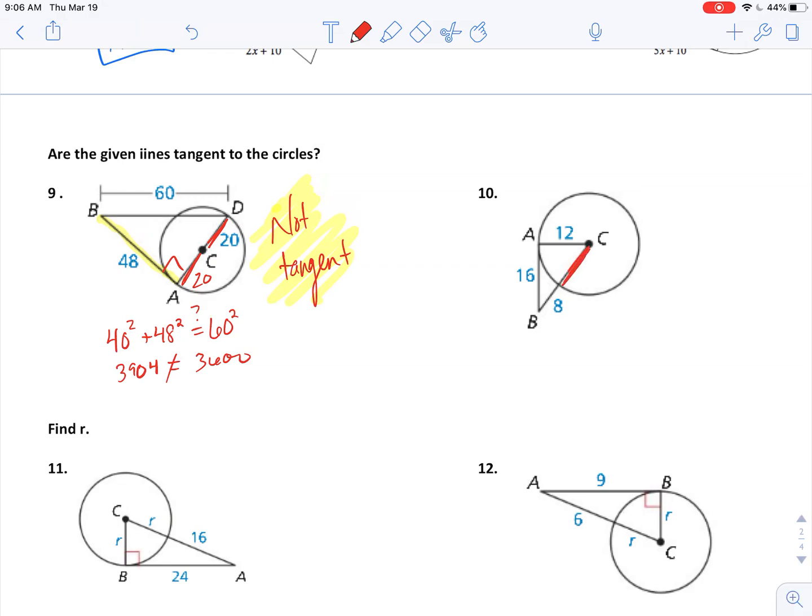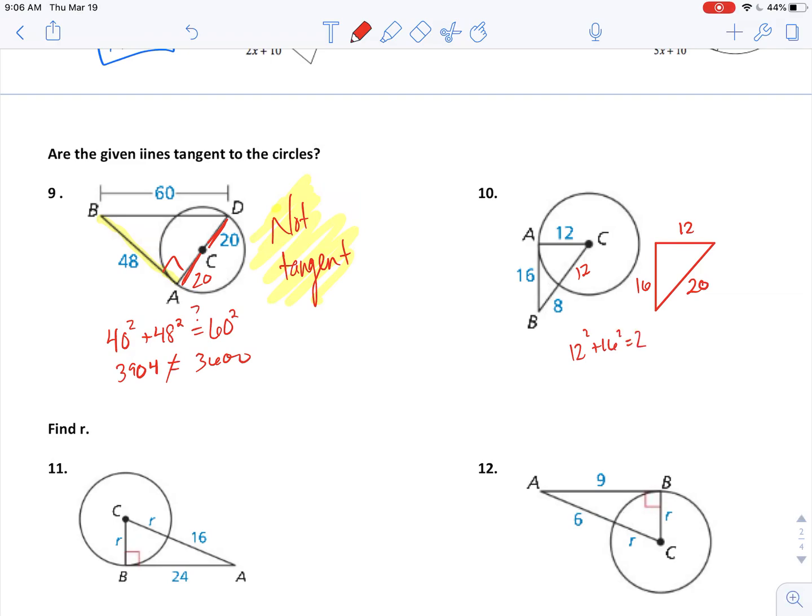So most important thing here is you got to find the part inside the circle. But what is this part inside the circle? It's a radius. Doesn't matter where I put the radius. Could draw it anywhere I want. This must be the same as any other radius. So I've got 16, 12, and 20.